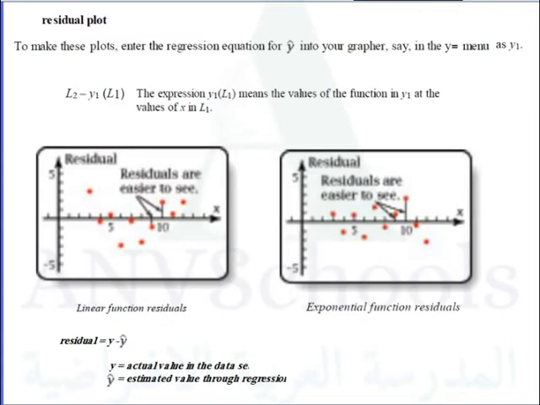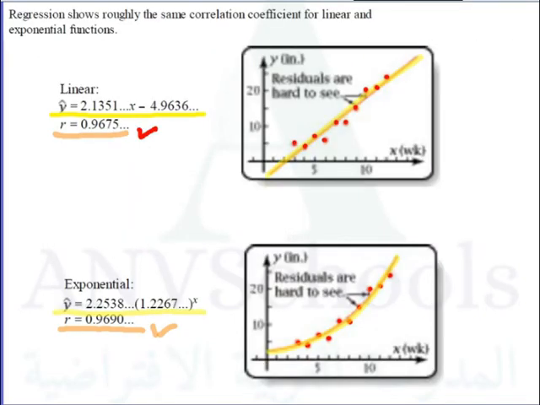But take note, in this case we are going to use the residual plot. The residual plot is the means to identify the residuals which are hard to see using the regression interpretation by using the correlation coefficient.